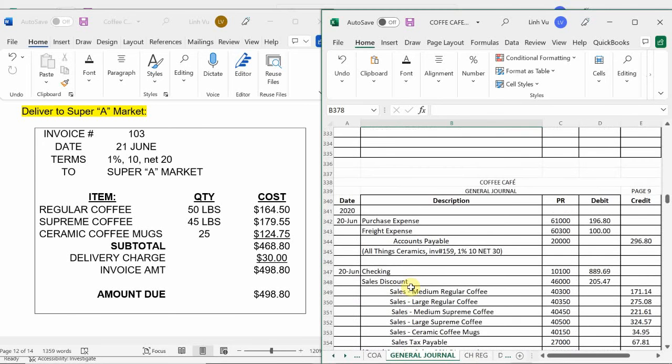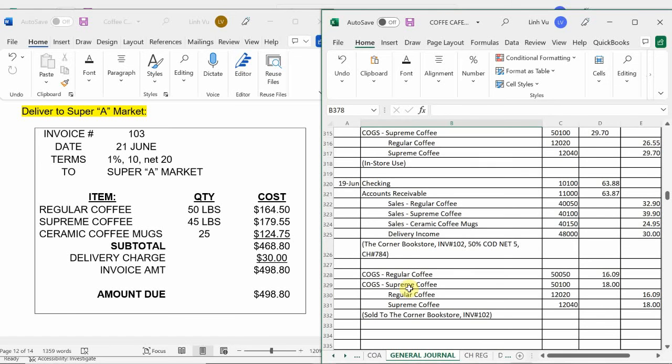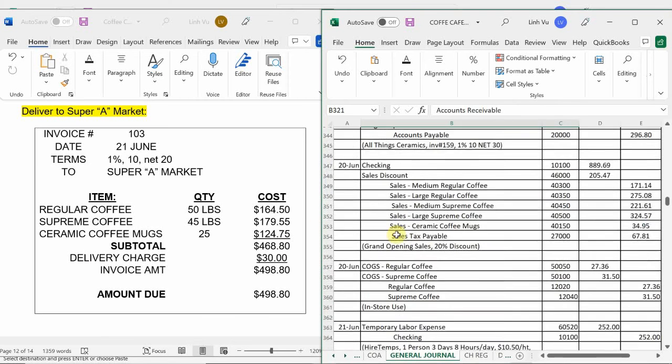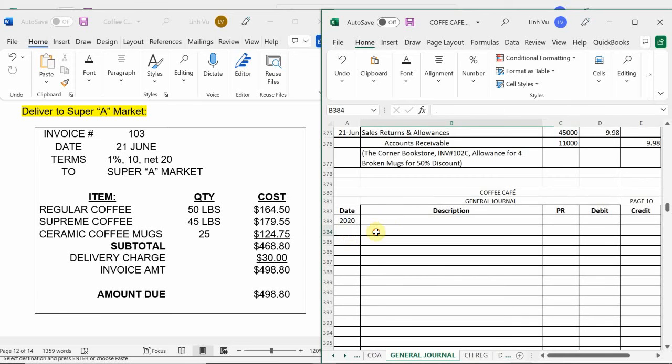Delivery to Super A Market. What do we know about this invoice for Super A Market?